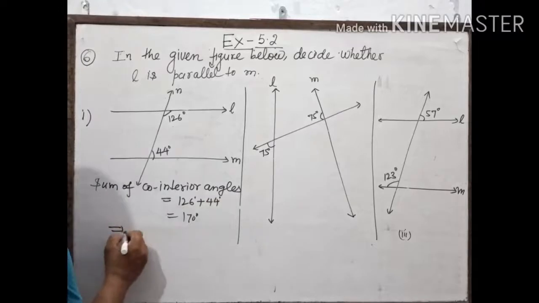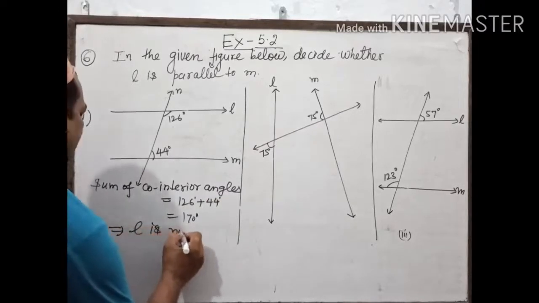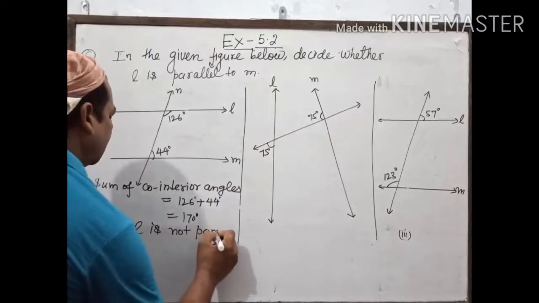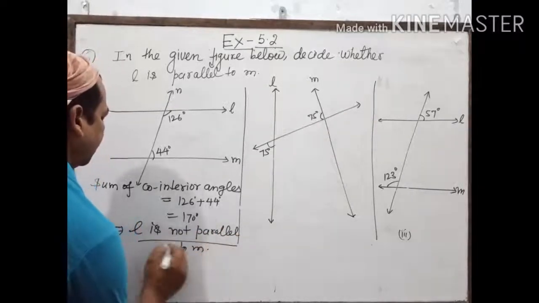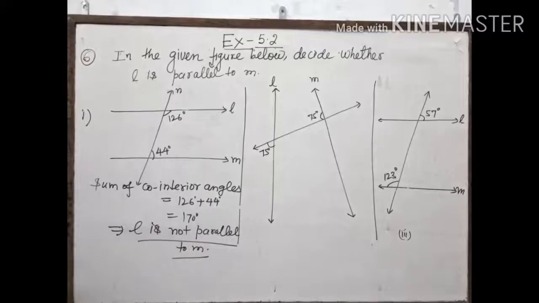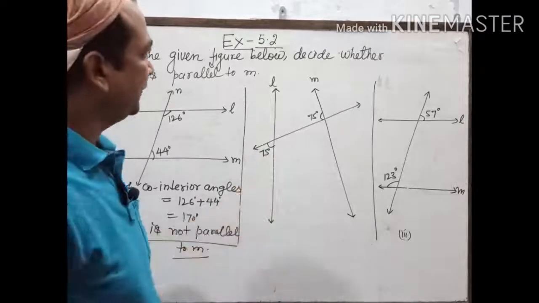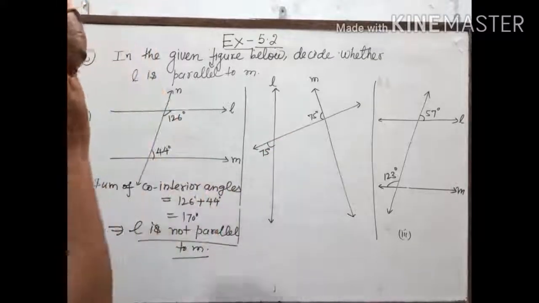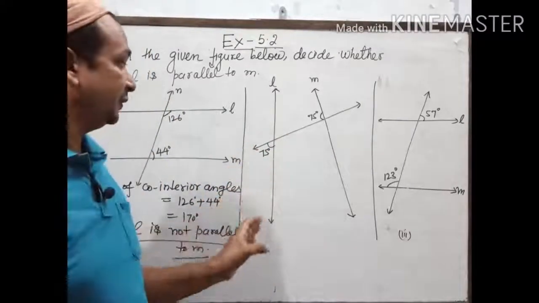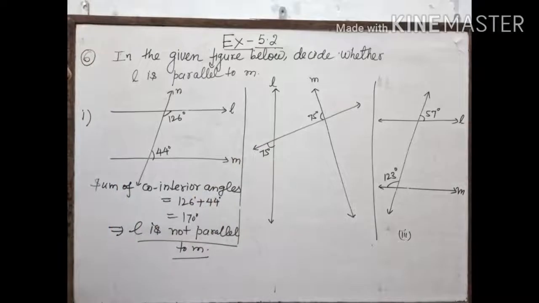This means L is not parallel to M. This is the answer. Again, in this figure we see that these two angles are neither co-interior, nor alternate interior, nor corresponding angles.